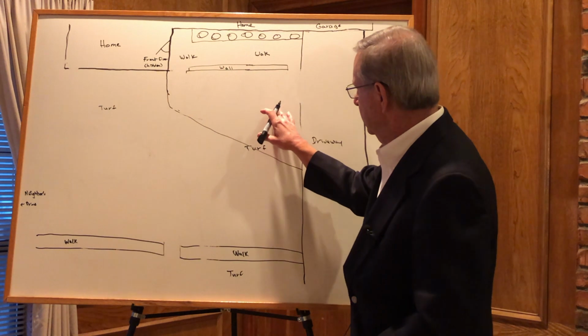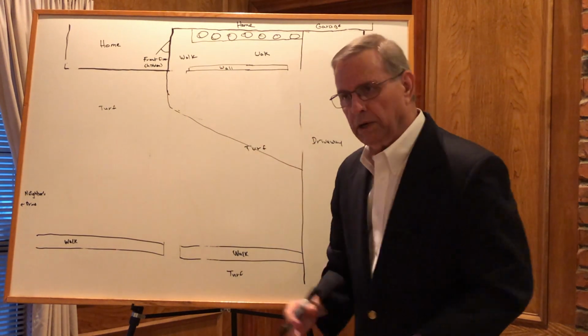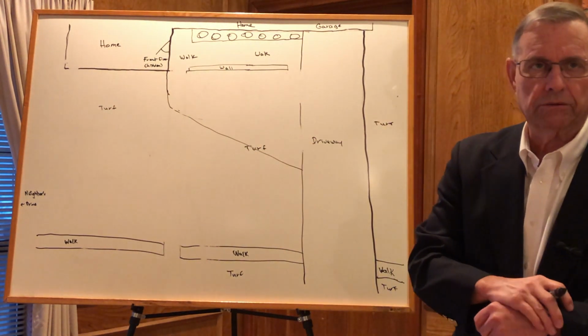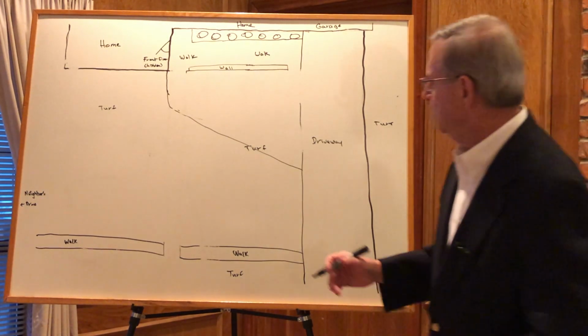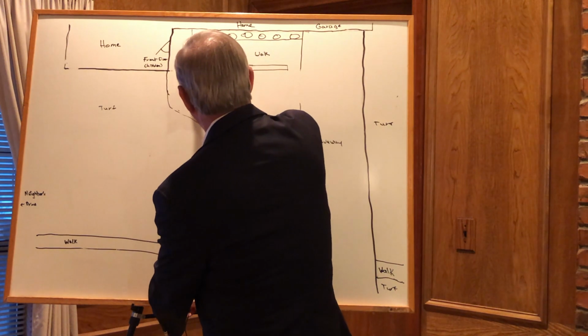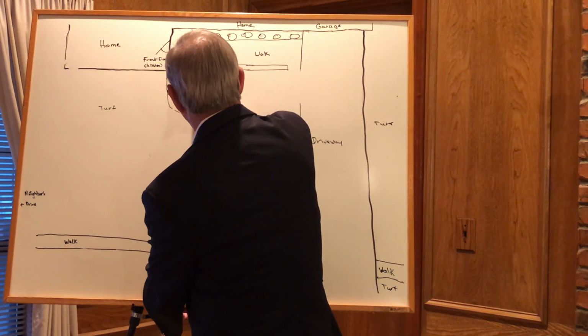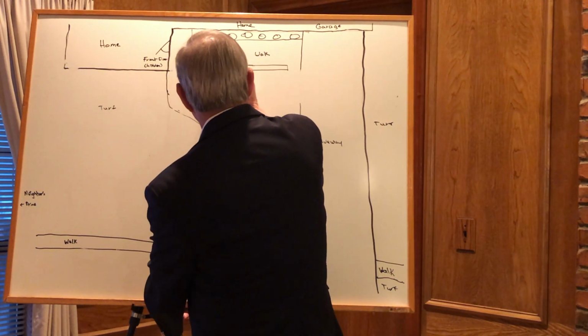This can be done with brick, or I'm a big fan of concrete pavers. You can get them in lots of different colors. I would leave a bed right here.